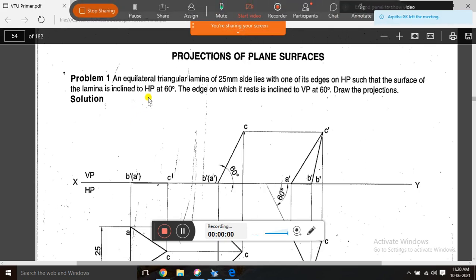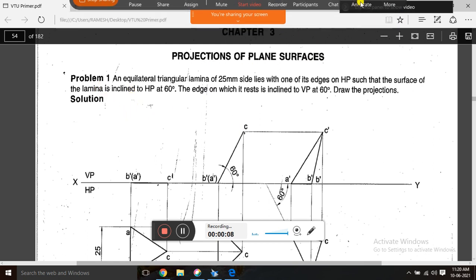Very good morning. We'll start the problems on projection of plane surfaces. So take this problem.